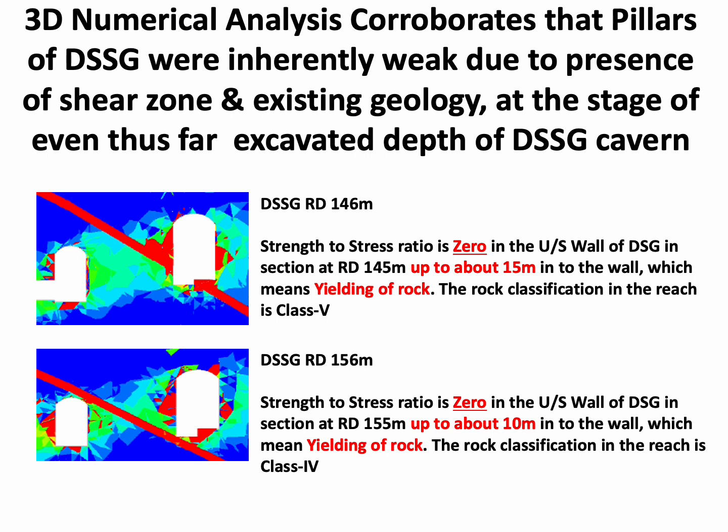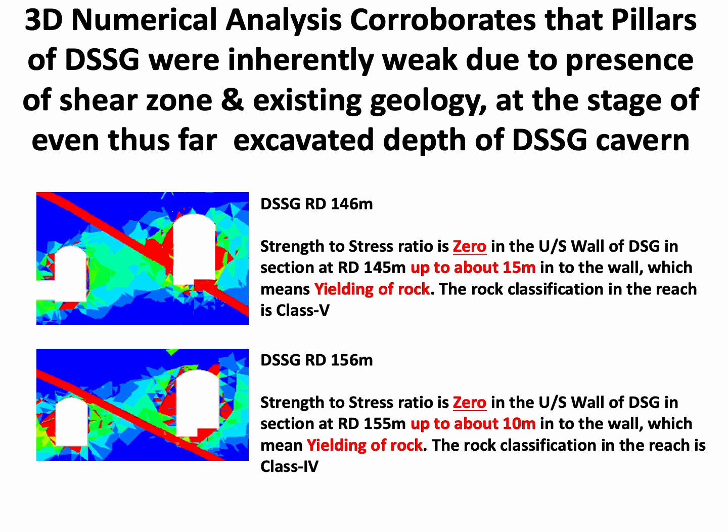The 3D numerical analysis shows that the pillars of the Downstream Surge Gallery were inherently weak due to the presence of shear zone and existing geology, even at the stage of the thus far excavated depth of the Downstream Surge Gallery. So far, only 30 meter to 45 meter depth had been excavated, and they were yet to go to 58.5 meter.